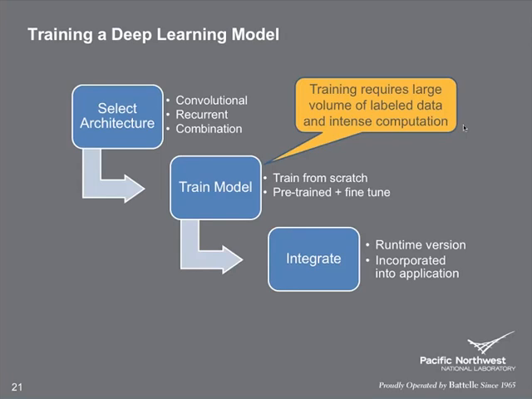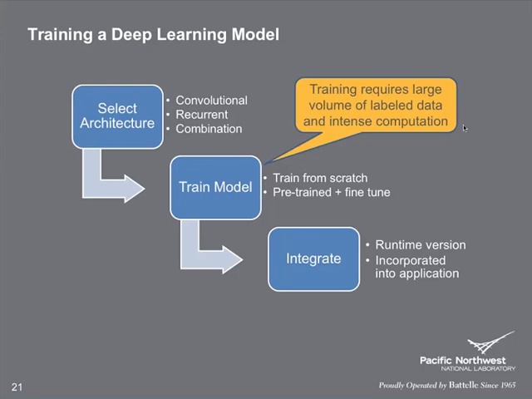It's good at detecting spatial features in a way that's invariant to translation, so it doesn't matter where in the scene they occur. There's also a form called recurrent neural networks that's used for time series prediction, and you can combine these two basic models into a more complicated architecture.